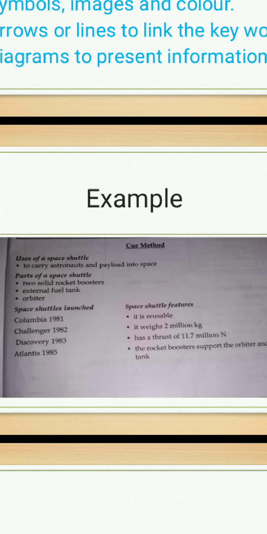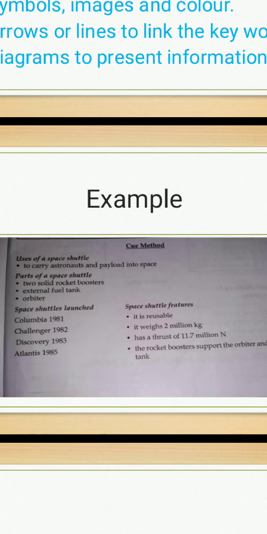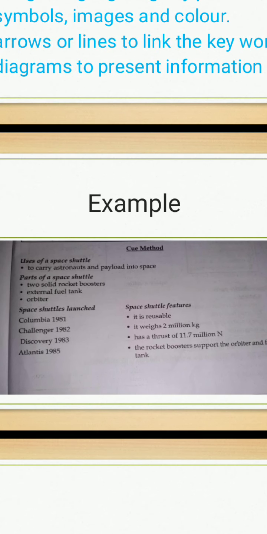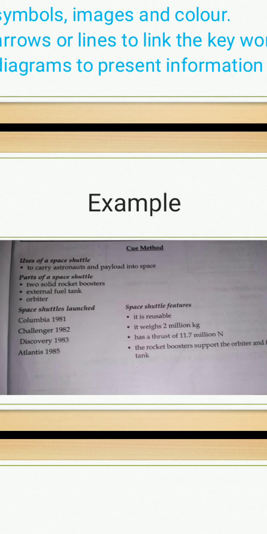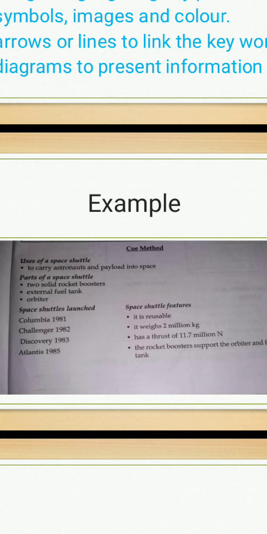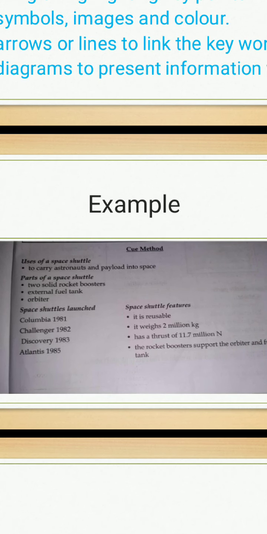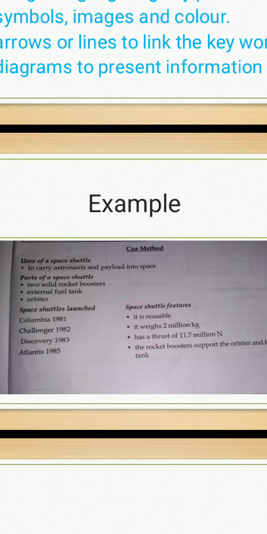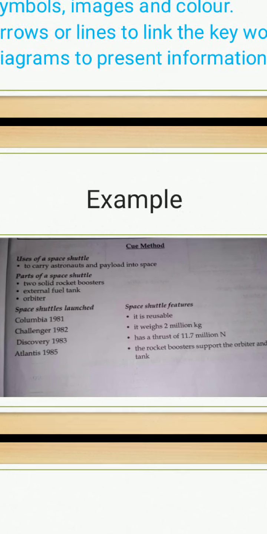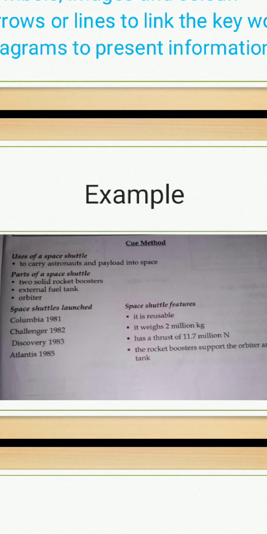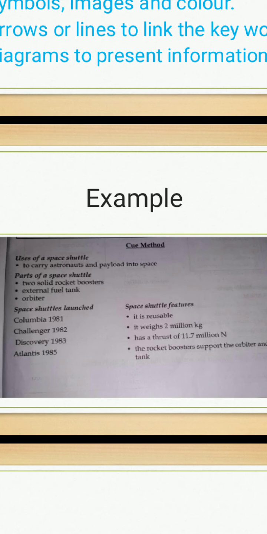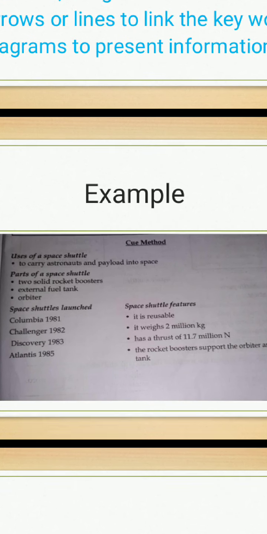It is given, and this is how it should be written in the Q method. The first point is to carry astronauts and payload into space.